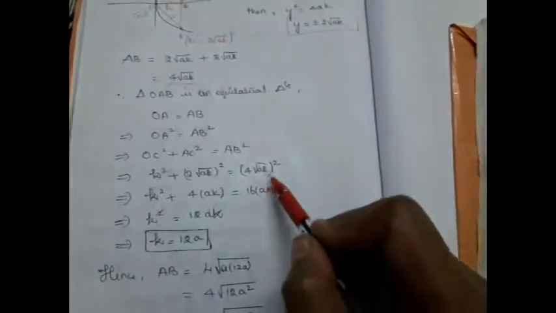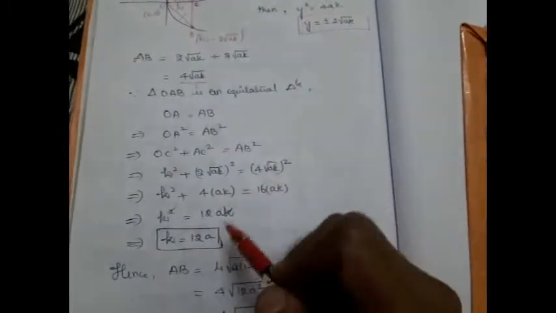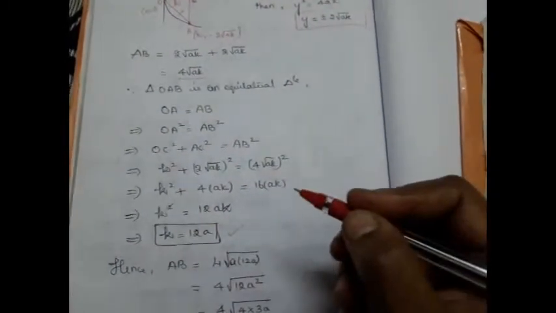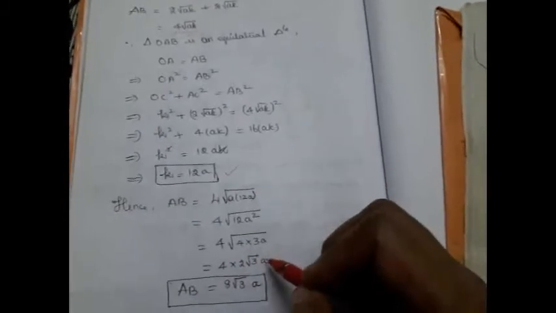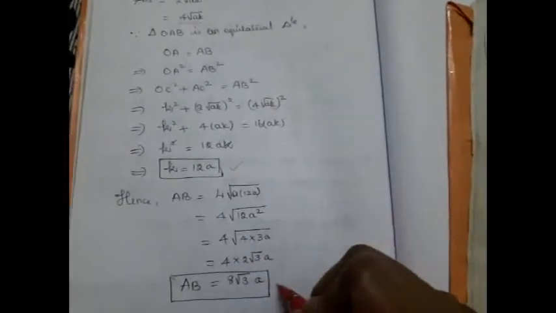AB length we know, which is 4 root ak. So if we simplify, we get k equal to 12a. Right? So we need the length of AB. AB is 4 root ak. In that, we are going to substitute the k value 12a. So if we simplify it, we get AB equal to 8 root 3 a. AB is the side of the equilateral triangle.